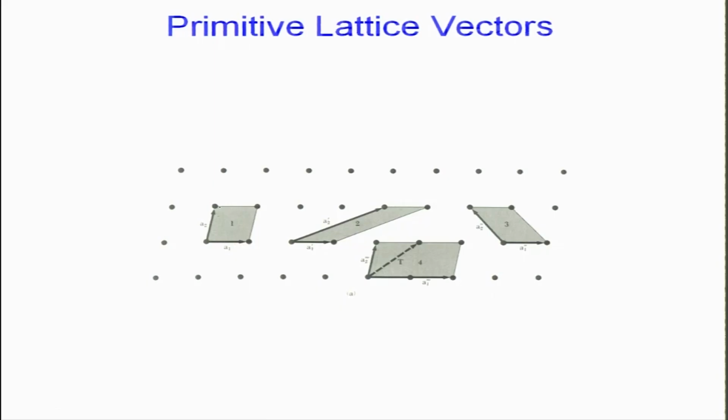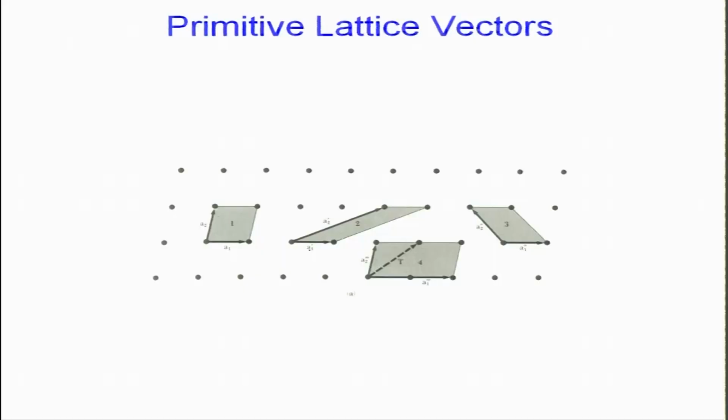But as we said in the beginning, the choice of primitive cell is not unique. Essentially you can choose any vectors which give rise to a primitive unit cell. In number 2 you have primitive lattice vectors A1 prime and A2 prime; A2 prime is different from A2, going from this atom to that atom, but it still gives you a primitive unit cell.